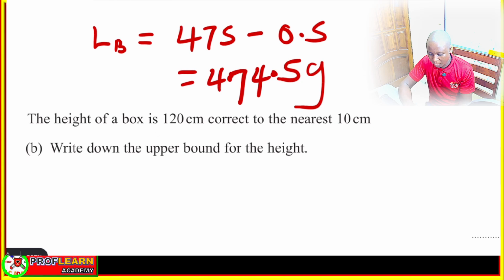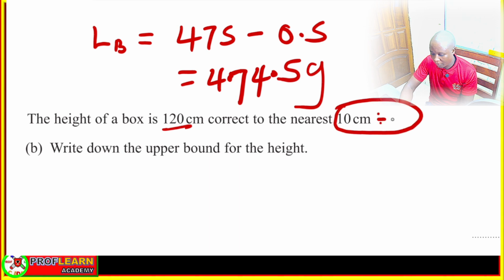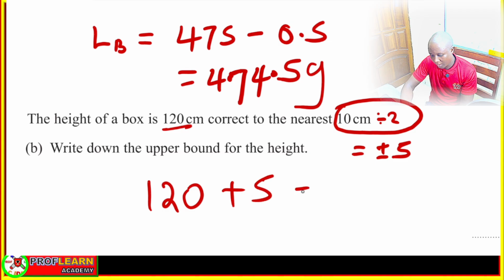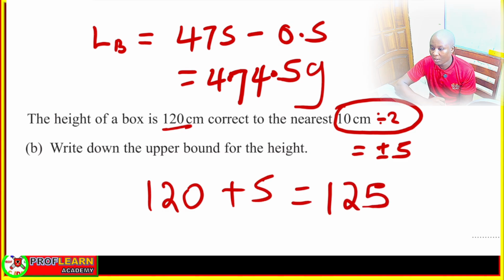The height of a box is 120 centimeters, correct to the nearest 10 centimeters. So we shall take this value here, 10 centimeters, divide by 2, and that's going to be plus or minus 5. Write down the upper bound of the height. So this is going to be 120 plus 5, and that's going to be 125 centimeters.